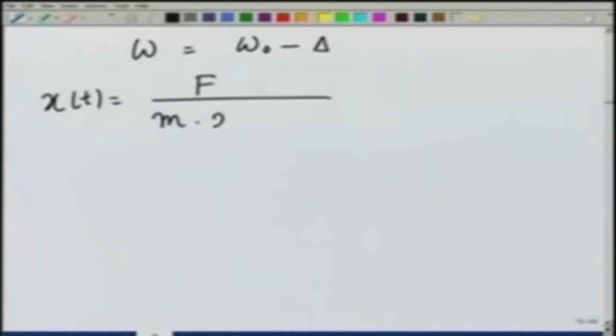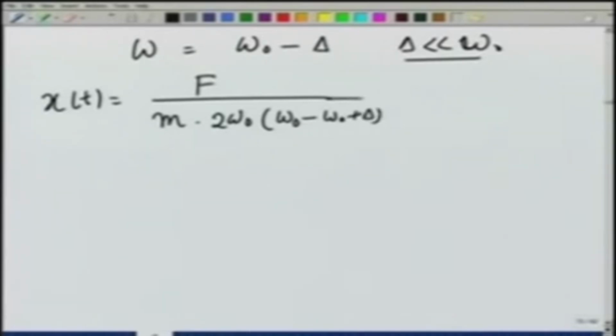So, let me take omega to be slightly smaller than omega 0 and substitute it here. So, x(t) in this case would be F divided by m times 2 omega 0, because this delta is very small, times delta, times cosine of (omega 0 minus delta) t minus cosine of omega 0 t.